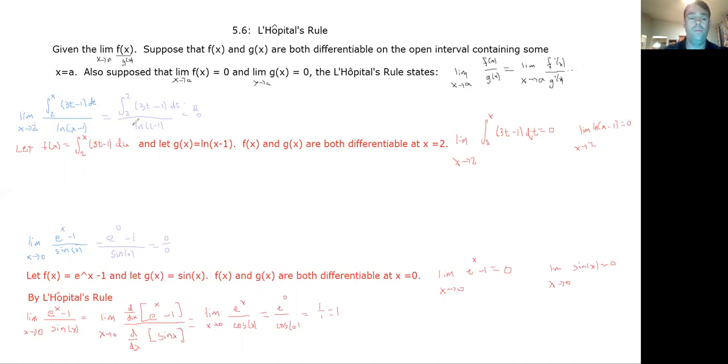Okay, so we set it all up. Now we can use L'Hopital's. So what we can do now, since we know that it's not going to work in and of itself, we end up with something that's indeterminate.